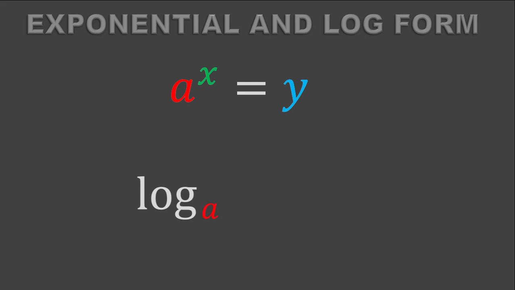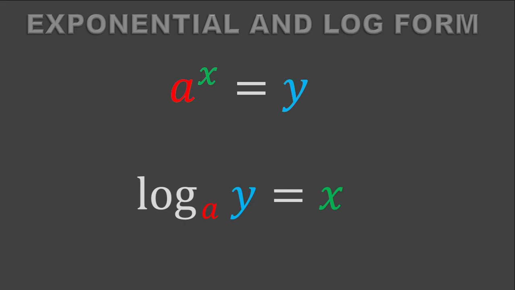Then the next thing to remember is if a was with x, then put it with y. So then the numerical value of log will be y, and then you just say equals x. Alright, so two things: base stays base, and if the base was with x, put it with y. If the base was with y, then put it with x. And there's your log form.